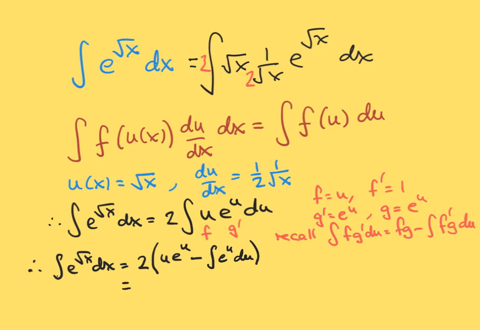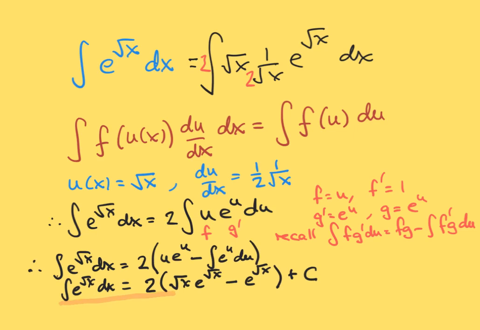So this is 2 times u e to the u is the square root of x times e to the square root of x minus, and the integral of e to the u is e to the u, and again u is the square root of x, close brackets, that's all multiplied by the 2, plus an integration constant. And that is our result for this integral.